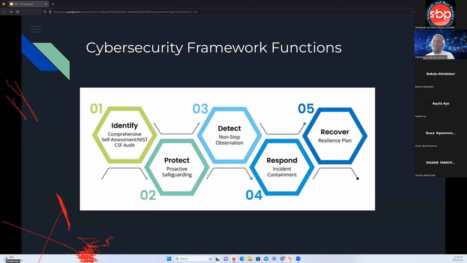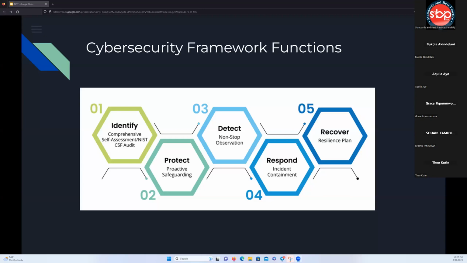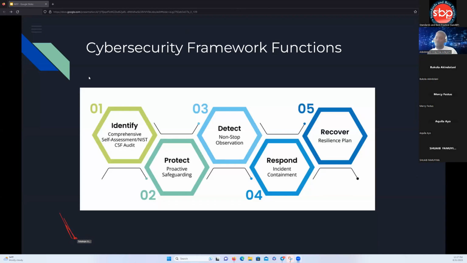Everybody that has a minute. Can you see my screen? Yes, sir, we can. So Tolulope, could you stop that, please? Is it a host? No, Tolulope is not a host.